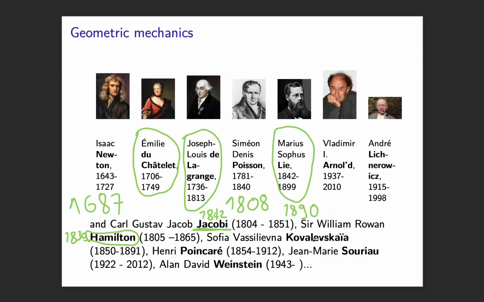And then Kovalevskaya was also a great expert on integrable systems. And then during the 20th century, probably Arnold is the most famous expert on symplectic geometry and Hamiltonian dynamics. So for instance, Arnold in 1964 interpreted some fluid mechanics, the Euler equation in fluid mechanics.